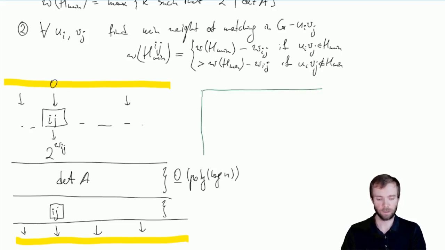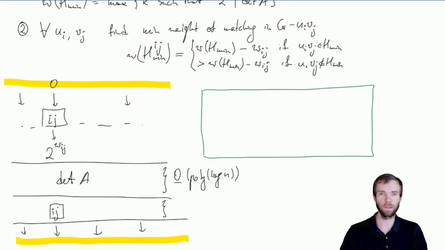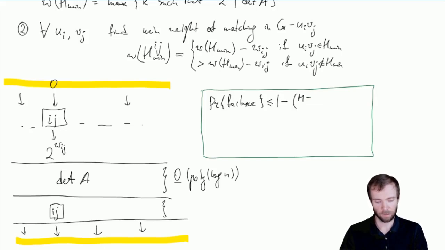So the last thing that we can comment on here is how we estimate the probability of a failure. And the failure here can be due to the fact that we have more than one minimal weight perfect matching. And this probability, according to the isolating lemma, can be bounded above by 1 minus ((m minus 1) over m) to the power of cardinality of E, and cardinality of E can be bounded by n squared.